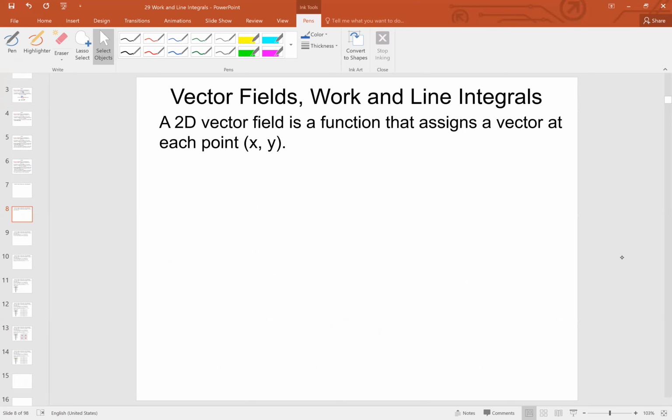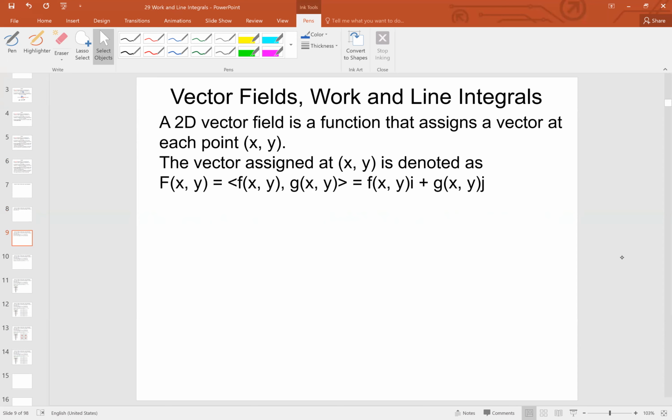What's a vector field? Let's start with a two-dimensional vector field. Basically, we assign each point on the plane a vector. What kind of formula do we write? We just write some capital F at a point x, y on the plane, associated with a function for the i component of the vector and the j component of the vector.